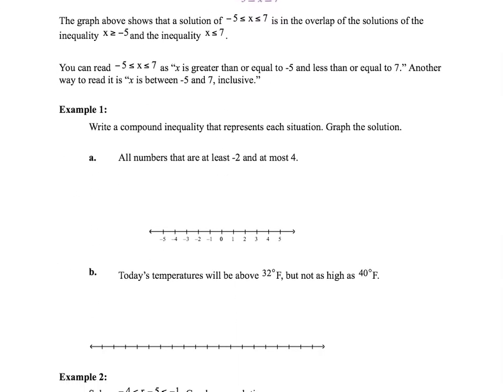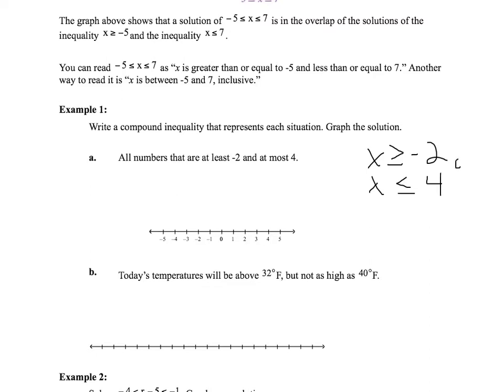Okay, so let's do an example. We want to write a compound inequality that represents each situation. All numbers that are at least -2, so x has to be greater than or equal to -2, and at most 4, so the most it could be is 4.